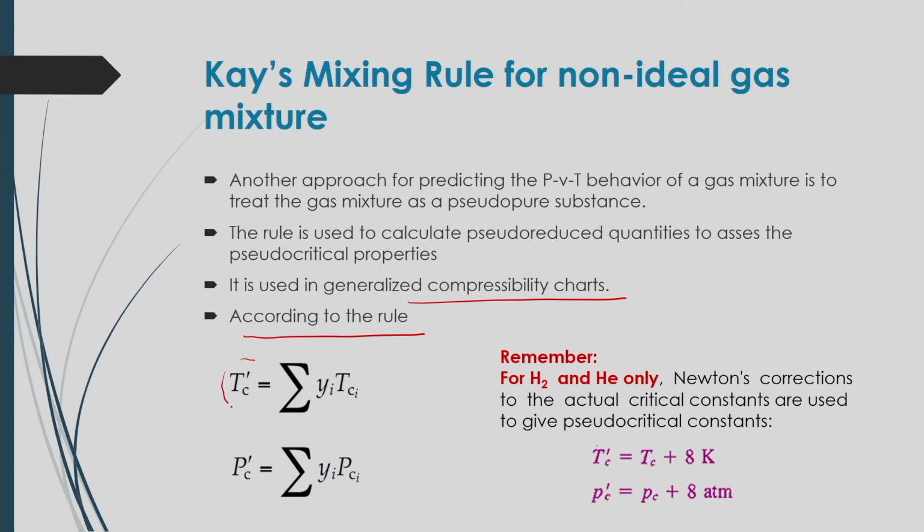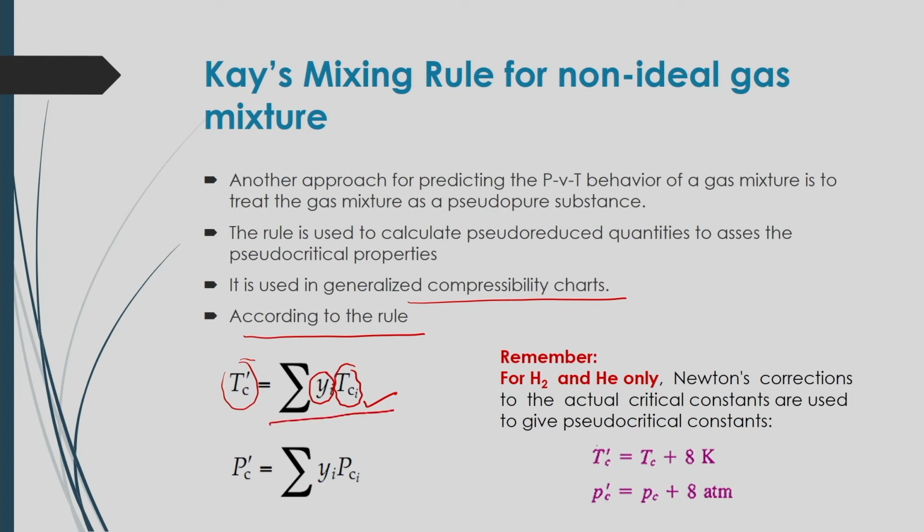The pseudo critical temperature will be the summation of yi into Tci. Here i is for the individual component of the gases. Suppose there are 2-3 gases in a mixture. Each gas component will be represented by i, its mole fraction will be yi, and Tci is the individual gas component's critical temperature.